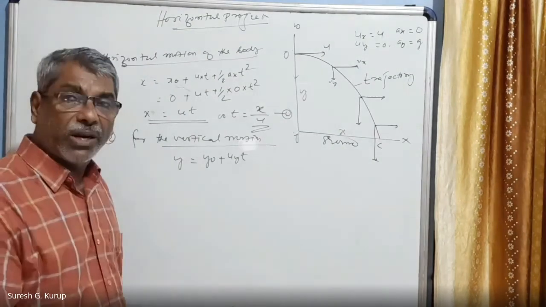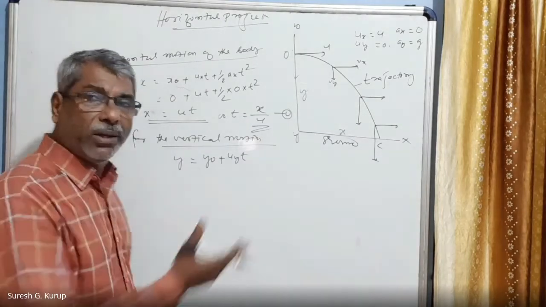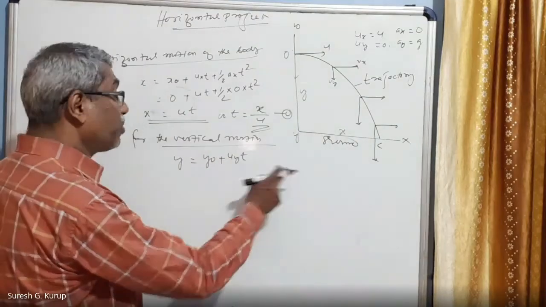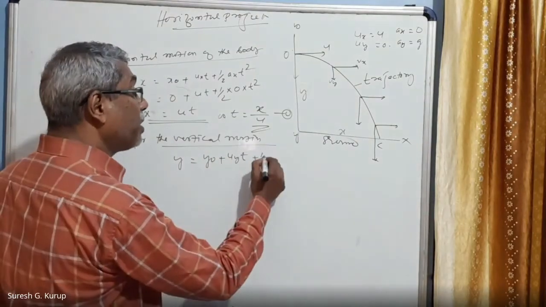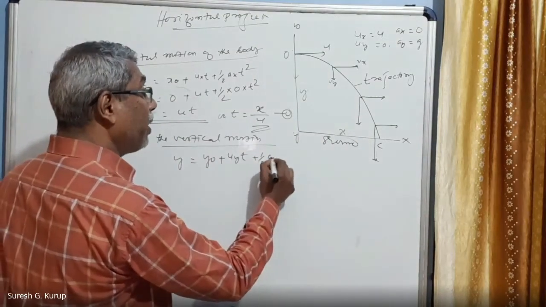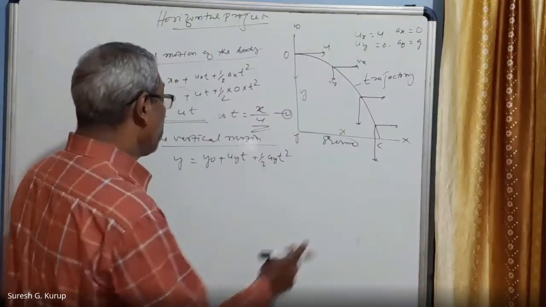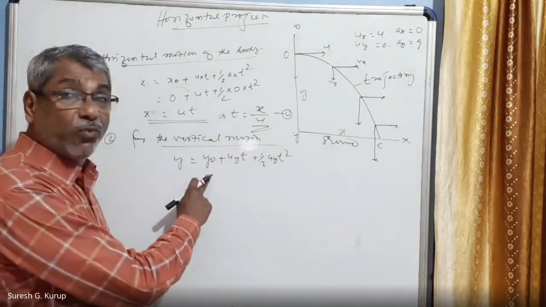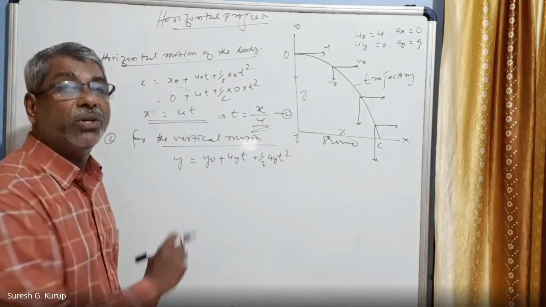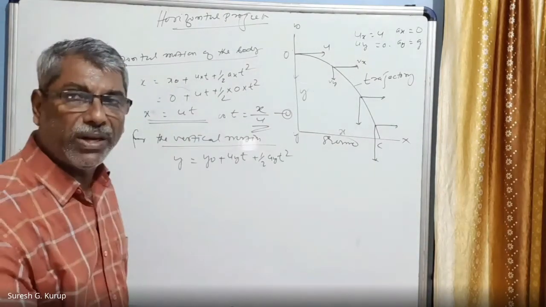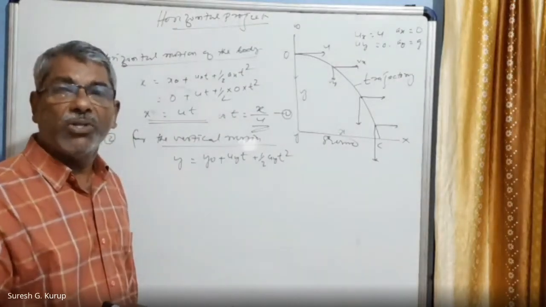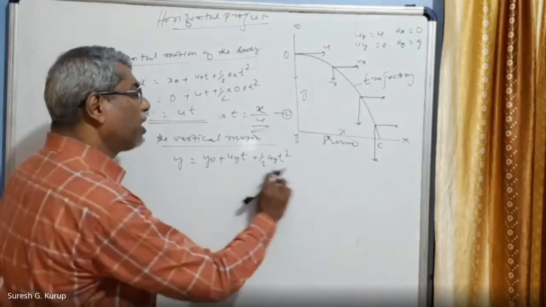We are concerned with vertical motion, so all the quantities must be vertical. It is the same as s is equal to ut plus half at square. Then why y0? Y0 is the initial displacement when time t is equal to 0. If the body is not at the origin, but at a distance y0 away from the origin, then this is the general expression. Am I correct?